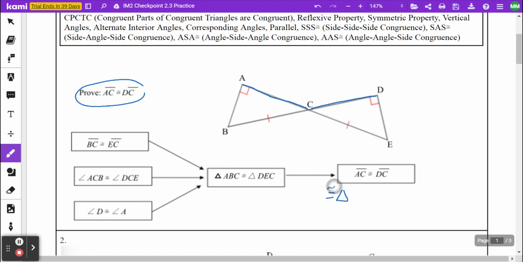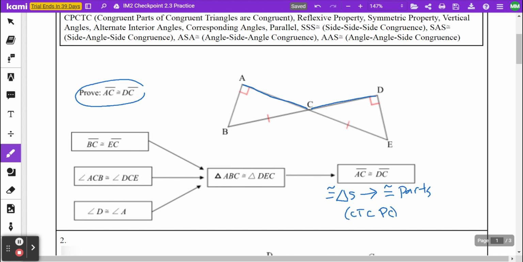Congruent triangles gives us congruent parts. Anyway, congruent triangles implies congruent parts.